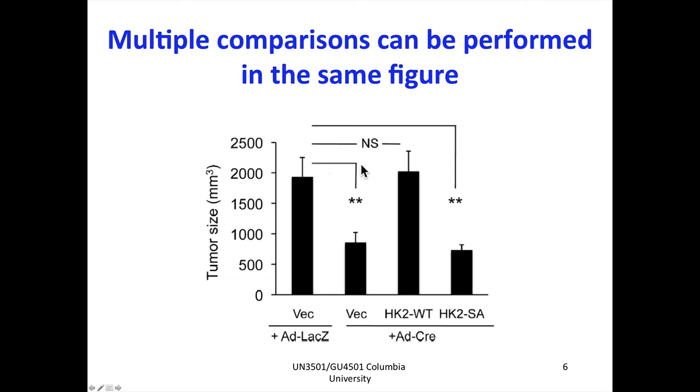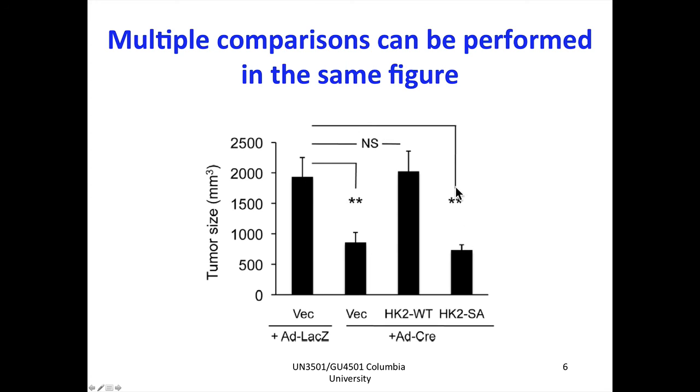And they do each of these comparisons, the statistics, and they show us that the effect of AdCre indeed is significant. The effect of the difference between the rescue here and the original vector is not significant, meaning they've fully rescued the tumor size by hexokinase 2 expression back to effectively what it was in the beginning, and that when they put in the kinase dead mutant, they compare that to the original tumor size.